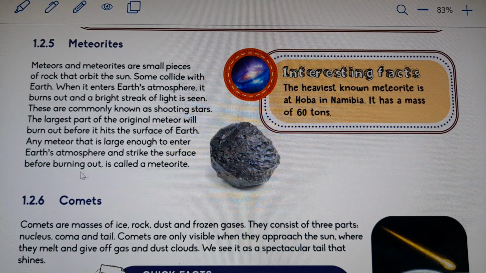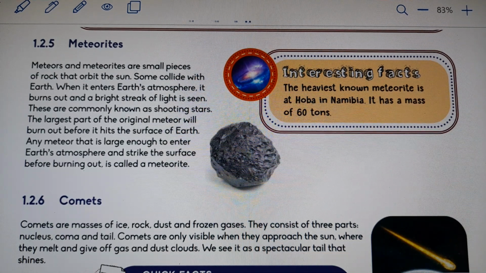So if it does not burn out and it hits the surface of Earth, it's called a meteorite. Now you know, when people say, yeah, I saw a shooting star, it's not a shooting star, it's a meteor. The meteor is the one that burns up before it touches the Earth's surface, and the meteorite is the one that does not burn out and it hits the Earth's surface.